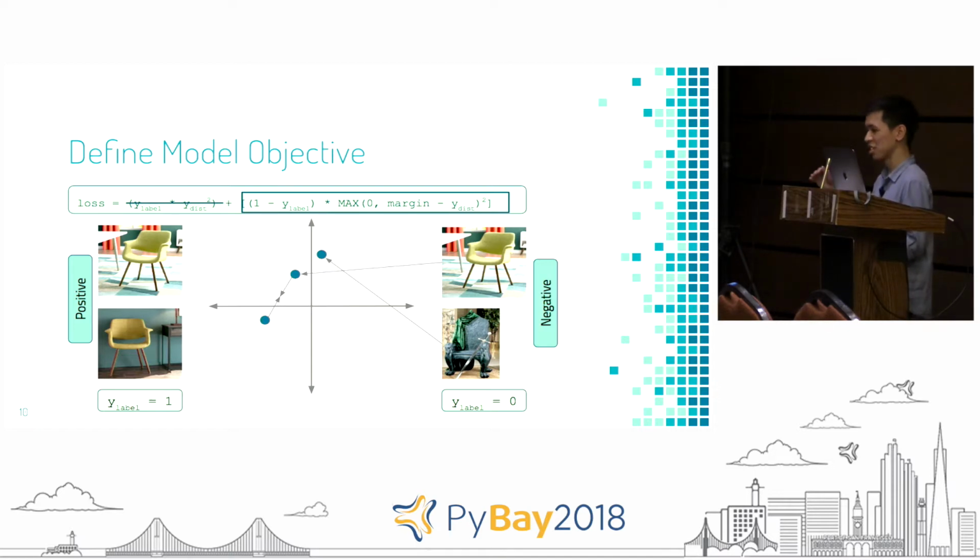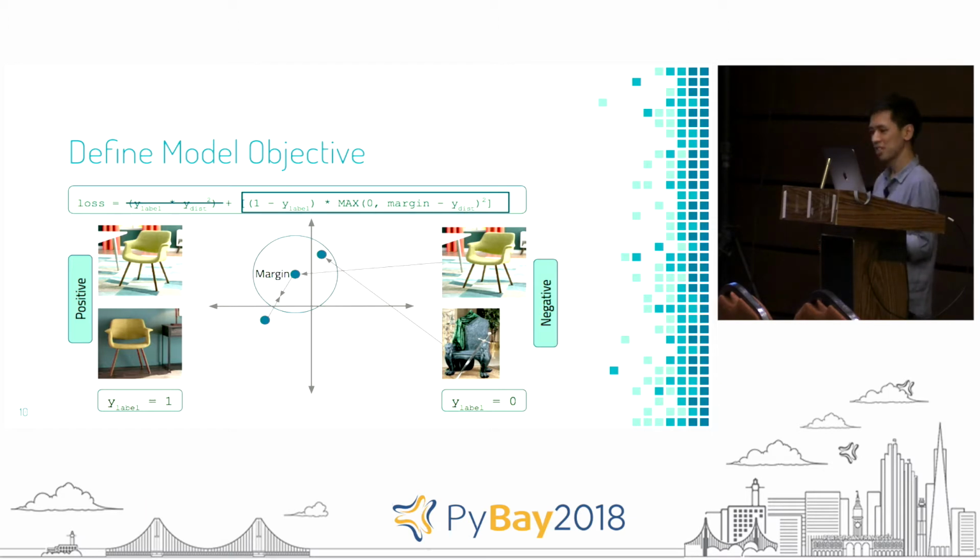This side basically simplifies to the max of 0 or the difference of margin and y distance, all squared. To help you understand what this means visually, pretend that you draw a circle of radius margin. Oh, and I forgot to mention, margin is some constant number that you choose. So pretend that you draw a circle of radius margin around one of those latent embeddings, those points.